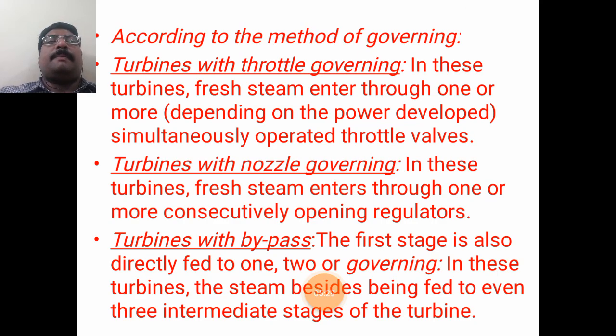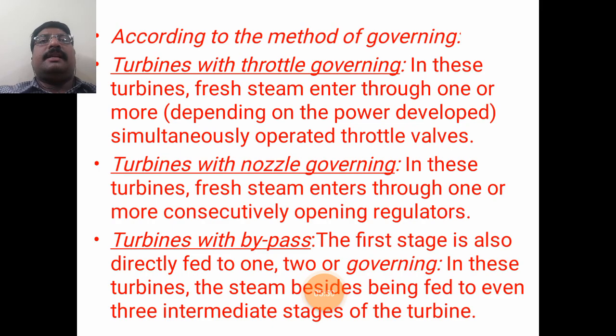In a turbine with bypass system, the first stage is also directly fed, and the steam is besides fed to intermediate stages of the turbine.